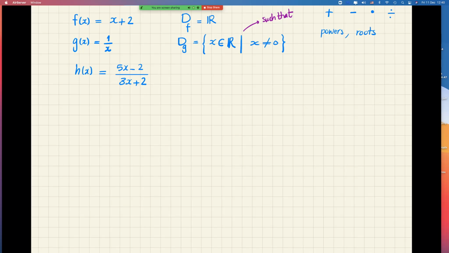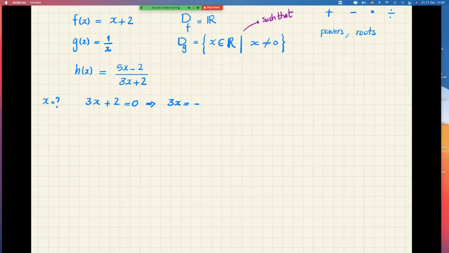But systematically, if the problem becomes harder, we need to solve this question systematically. It means that I need to ask myself what that value of x is such that this becomes 0. Because if this becomes 0, I am in trouble. But this is a simple problem, because you know how to solve it.